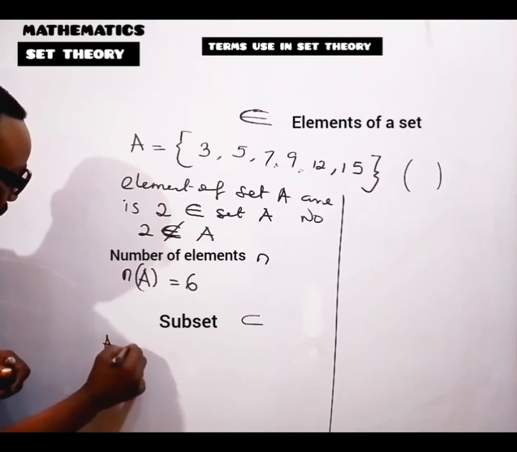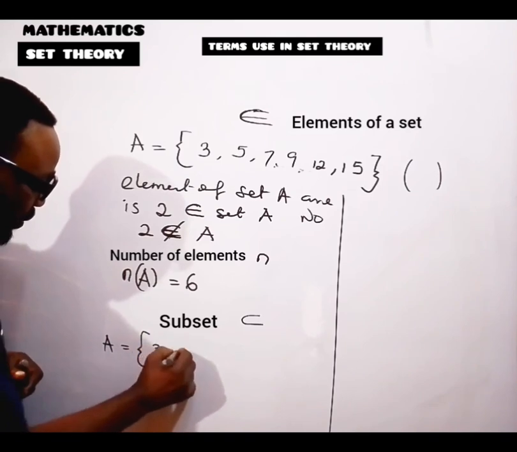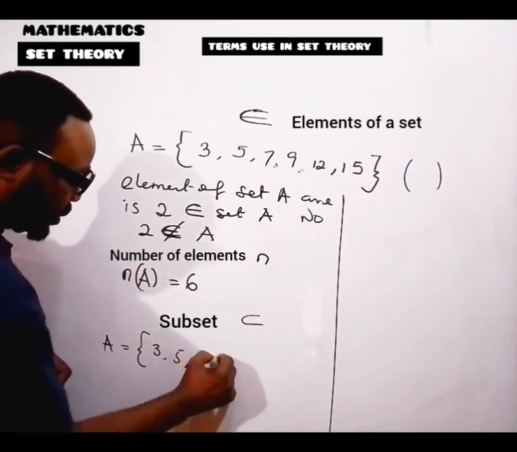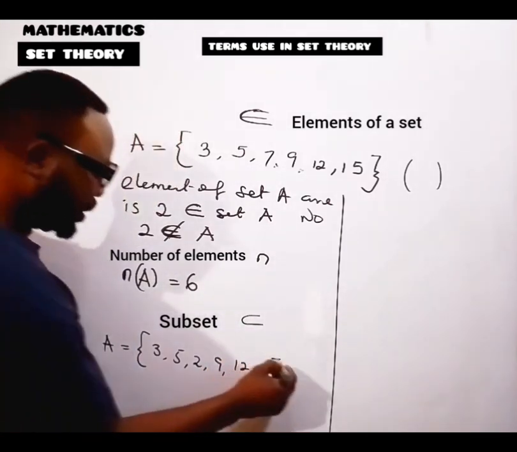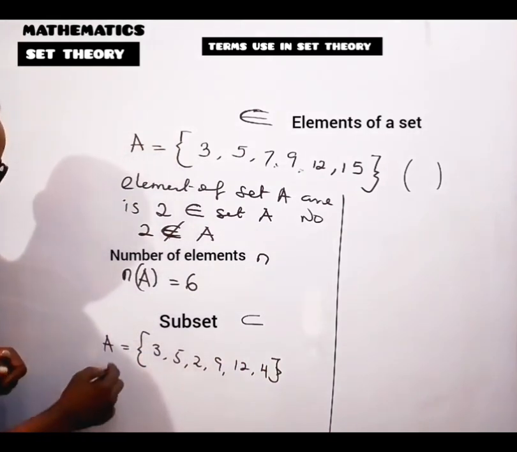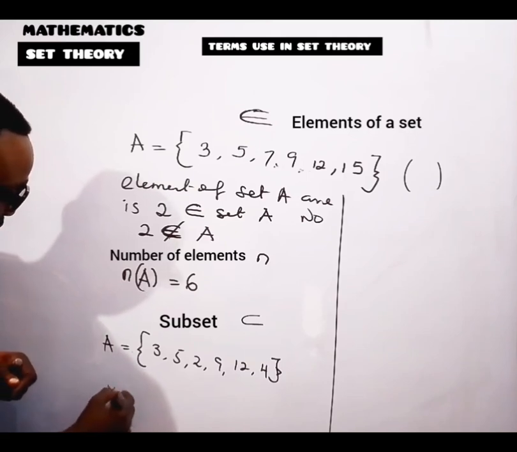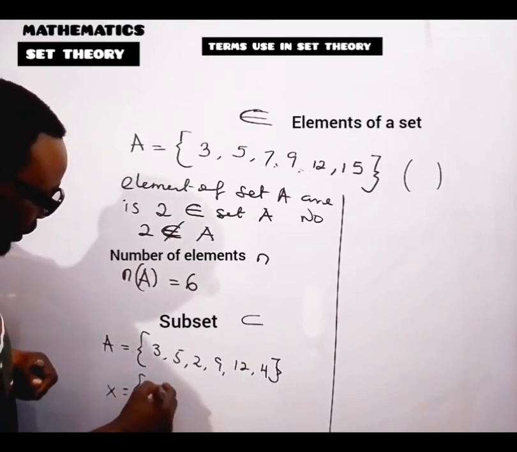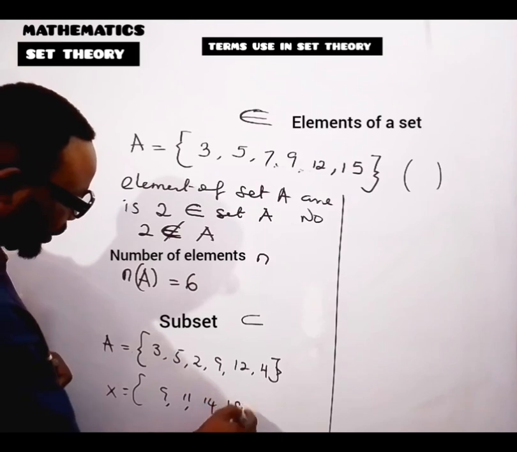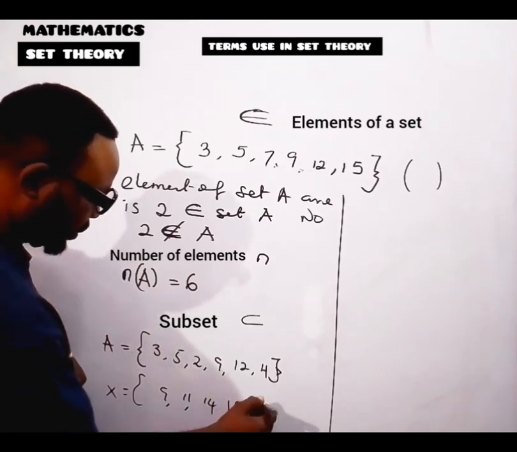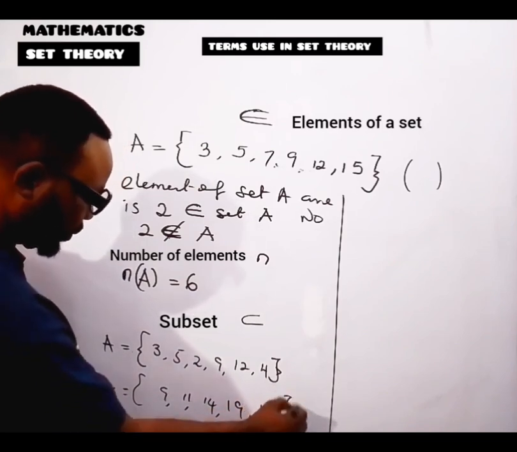if I have A equal to {3, 5, 2, 9, 12, 4}. This is A, and I am given this set X equal to {9, 11, 14, 19, 12}.